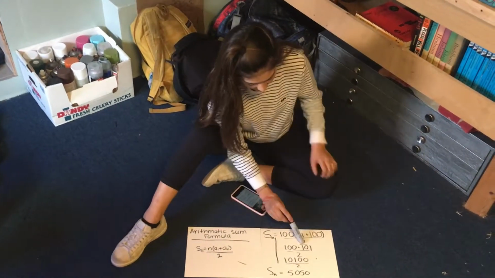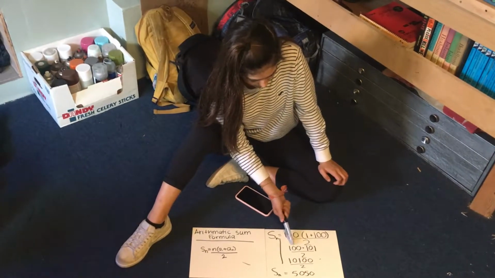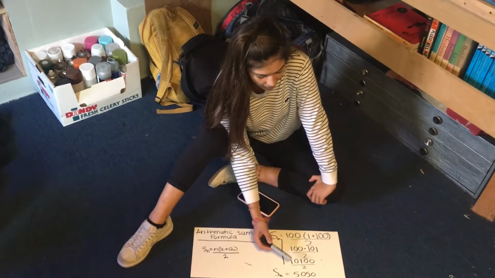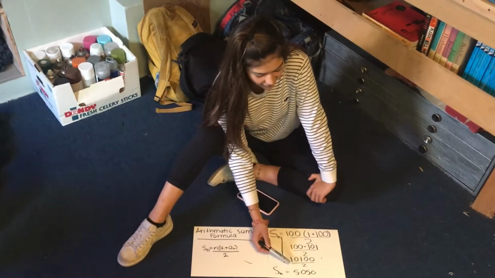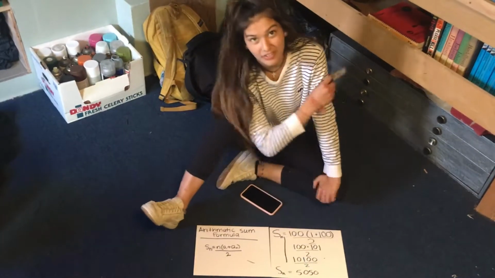And then divided by 2. So then you add this together, which is 100 times 101 over 2, and then multiply that together, and then divide it by 2, and then the answer is 5,050.